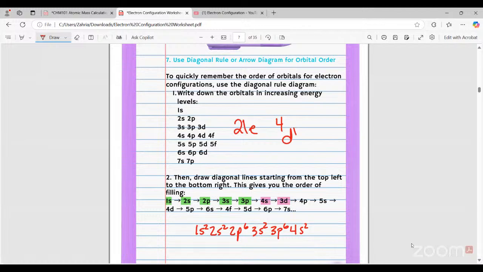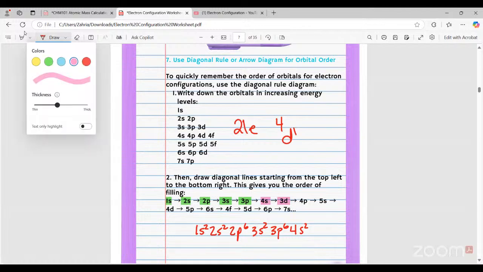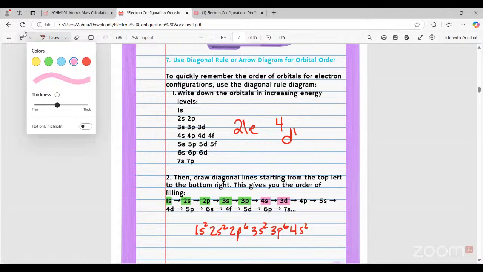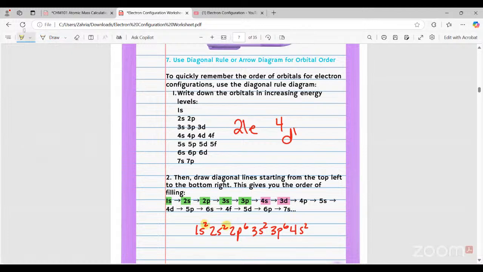Let's add all these up for what we have so far. If we add these up, we've got 2 plus 2 plus 6 gives us 10. Plus 2 gives us 12. Plus 6 gives us 18. Plus 2 gives us 20.